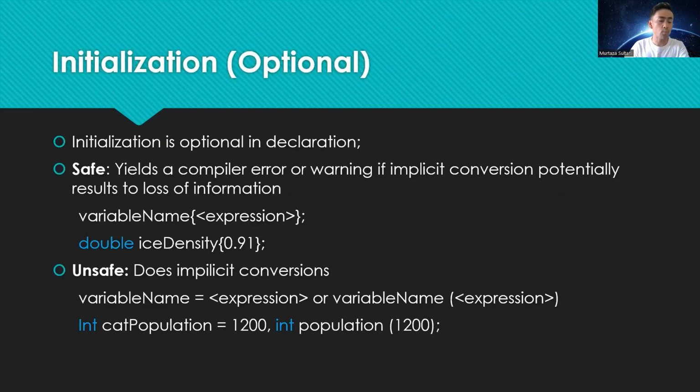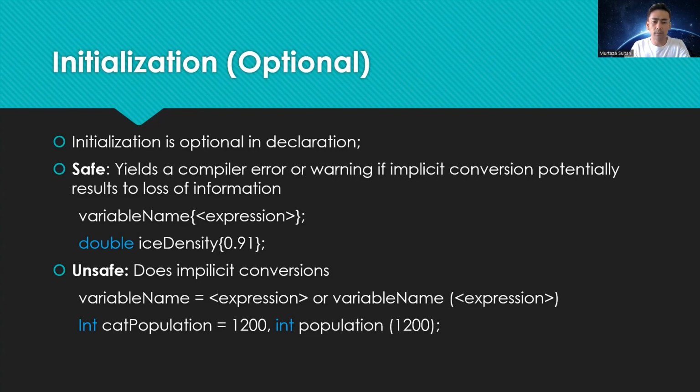Initialization is optional in C++ programming, though it is recommended to initialize some variables at the very beginning. There are two methods to initialize variables. One method is the safe method, which yields a compiler error or warning if implicit conversion potentially results in loss of information.